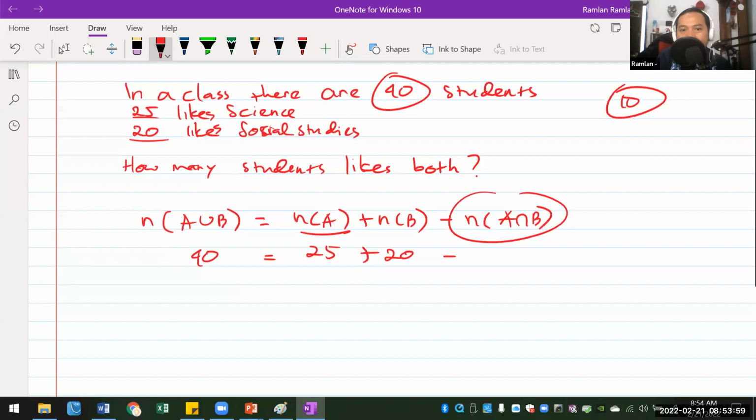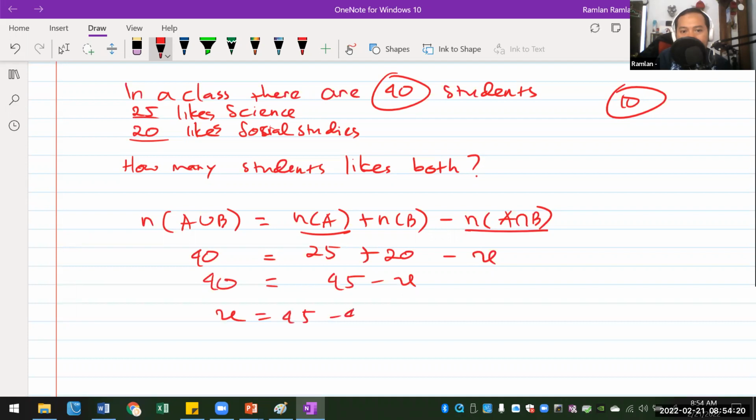And minus, let's say this is X. The intersection means both of them, the students who like both science and social studies. It's not 5 yet, but let's assume it's X. Don't know yet. So that will be 40 equals 45 minus X. So X equals 45 minus 40, which equals 5.